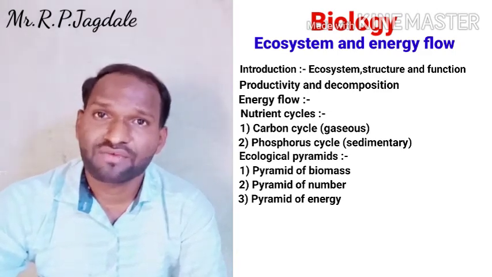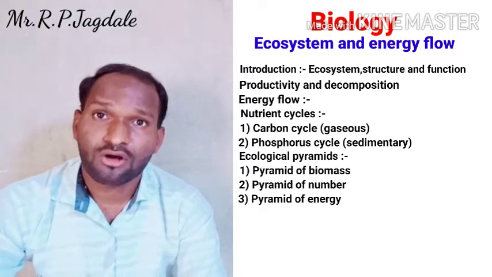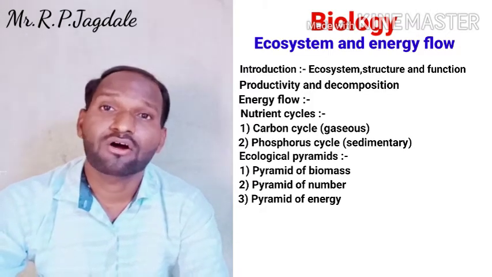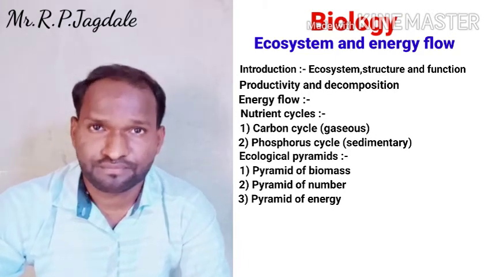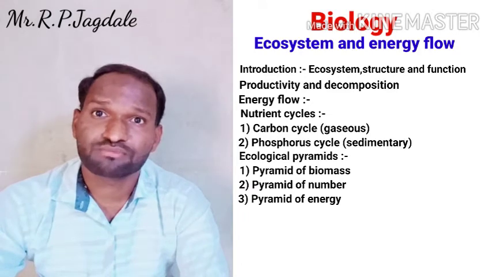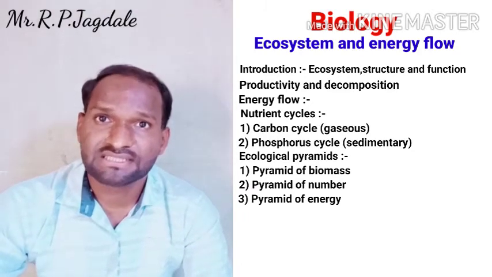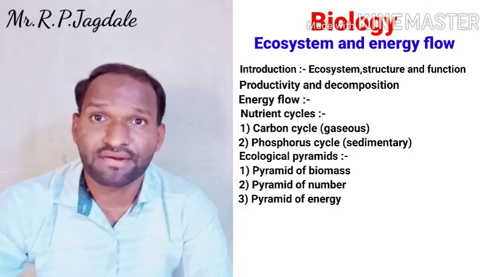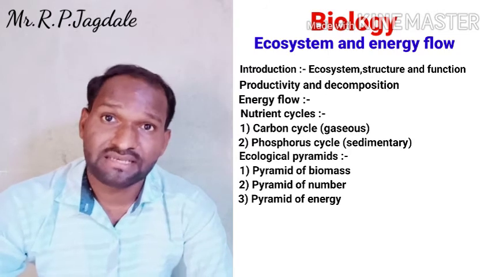By those pyramids we are going to see the food chain or food web. Ecological pyramids are majorly of three types: pyramid of biomass, pyramid of energy, and pyramid of number. These three aspects we are going to study under ecological pyramids. This is included under the chapter ecosystem.